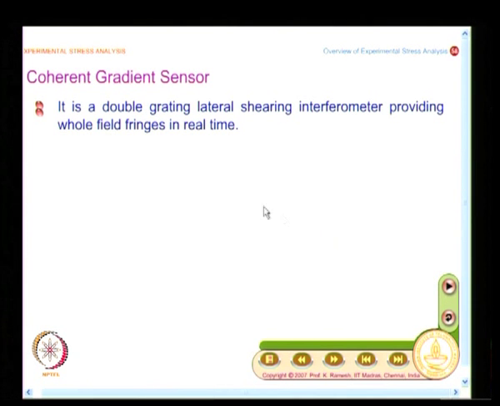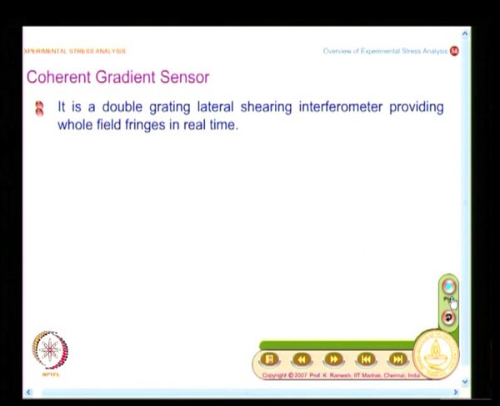If you get information in real time, it makes your life a lot simpler. Any technique which involves double exposure needs post processing, and only then do you see the fringes. Whereas with techniques like photoelasticity and Moire, you see fringes in real time. Similarly, the coherent gradient sensor gives you fringes in real time.